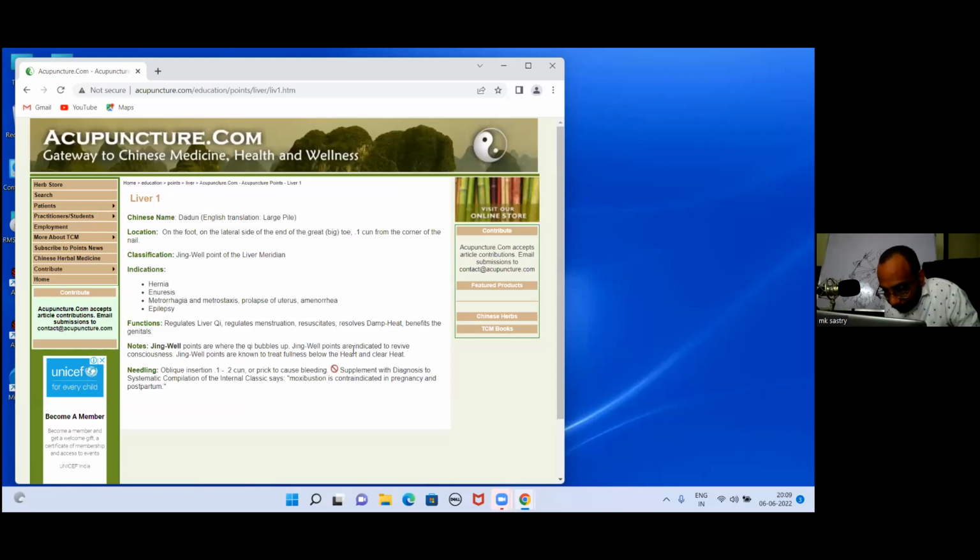Jing-well points are indicated to revive consciousness. Now you can see, did you think that you need Liver 1 to treat this patient? No. But when you review this point, you find out jing-well points are known to treat fullness below the heart and clear the heat of the heart.